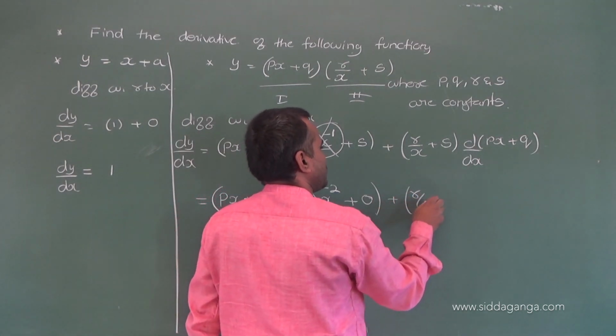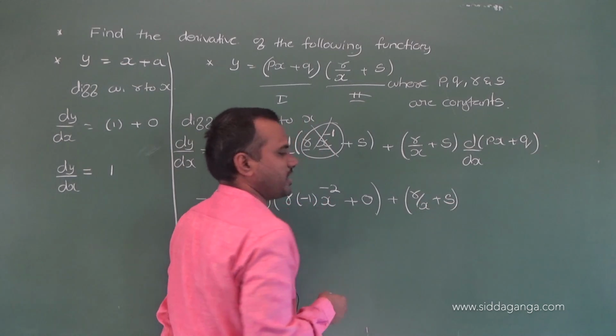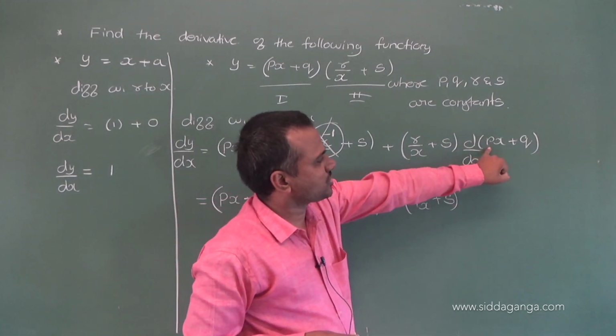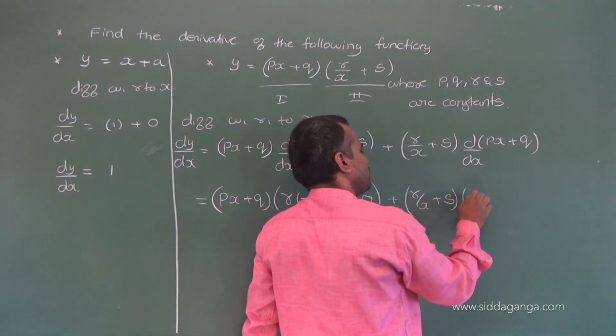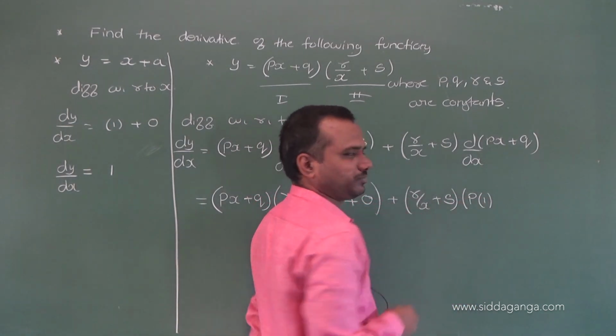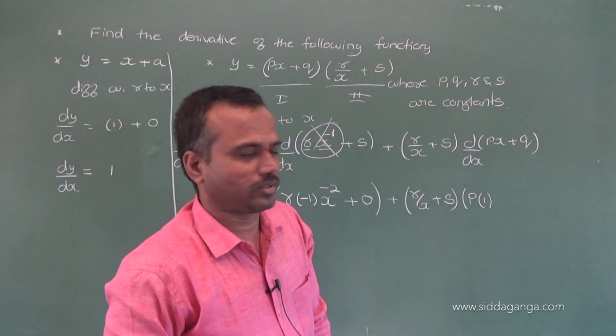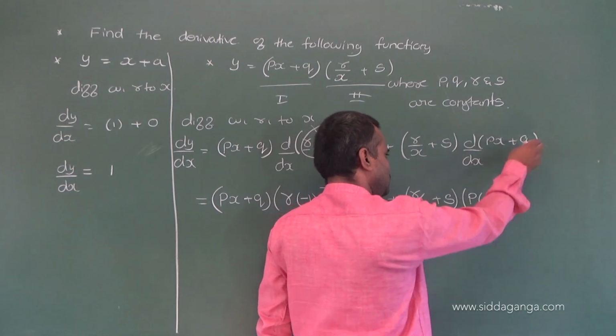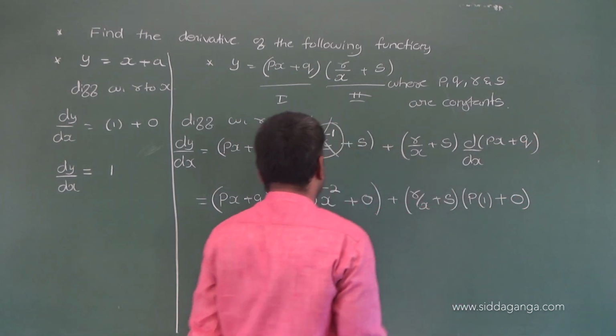So r by x plus s. Observe here also, constant into function, p as it is, derivative of x is 1. p, q or s are the constant, plus derivative of constant 0.